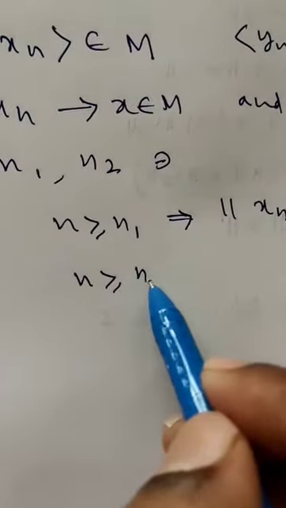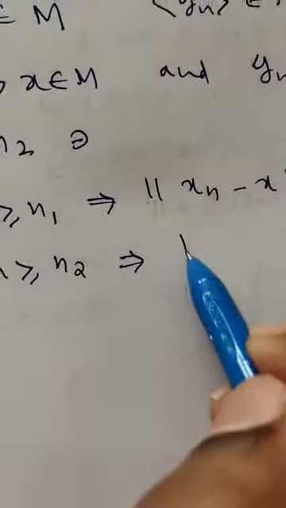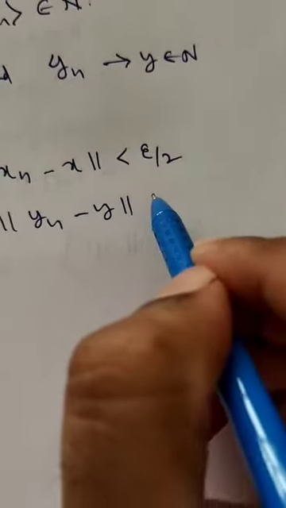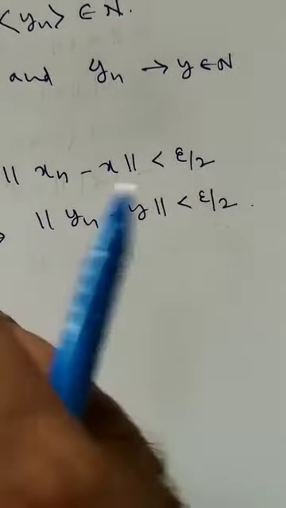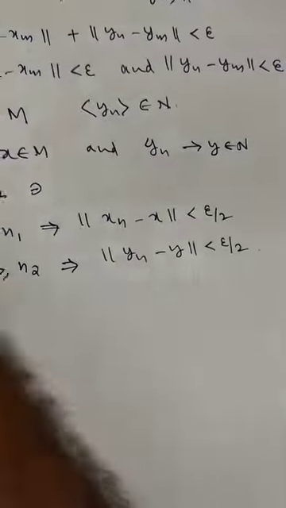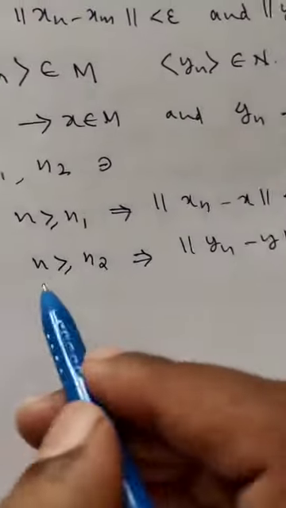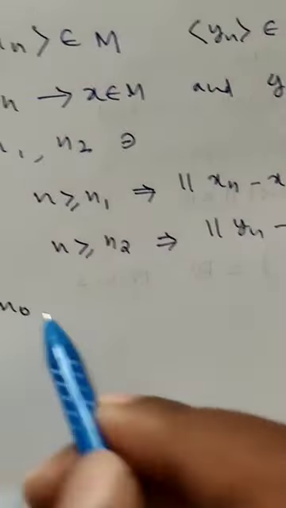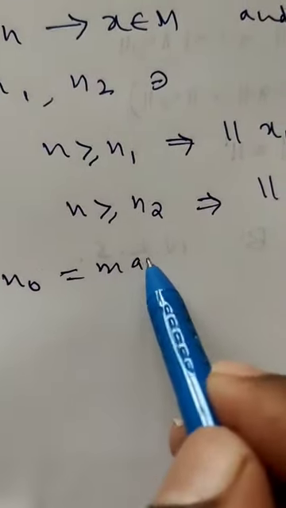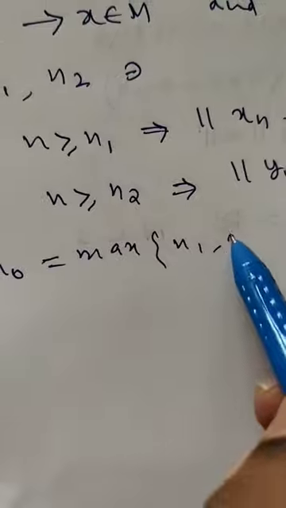And similarly, n greater than or equal to n2 implies norm of Yn minus Y is also less than epsilon by 2. So this is the definition of convergent sequences. I will take n naught to be the maximum value of n1 and n2.